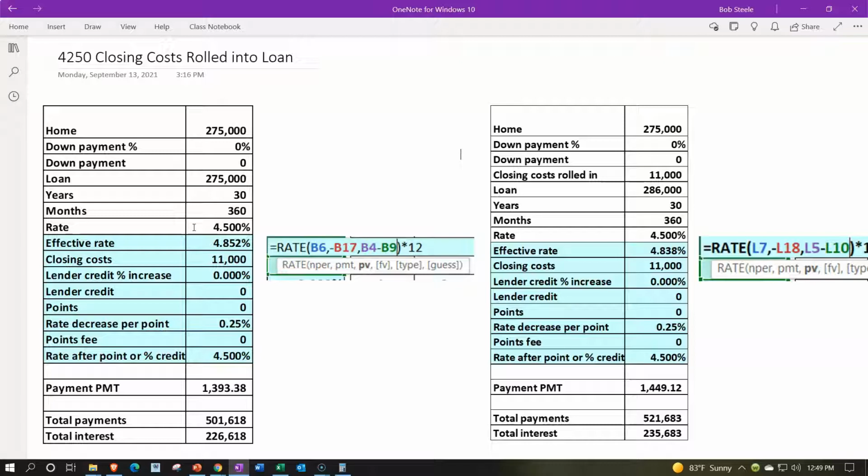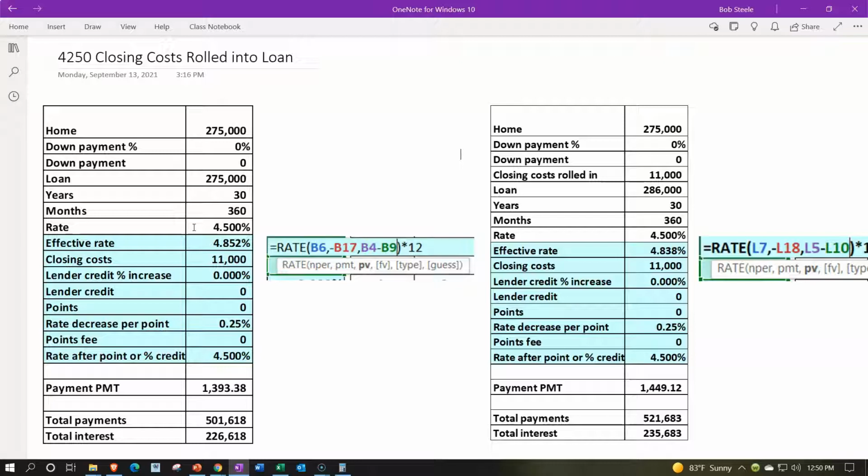Or you can say, if the closing costs are different in some way, for example larger in one of the two scenarios you're looking at, you might have more costs on one side but a lower rate. That's when you want to be rolling them in and comparing that in the effective rate.